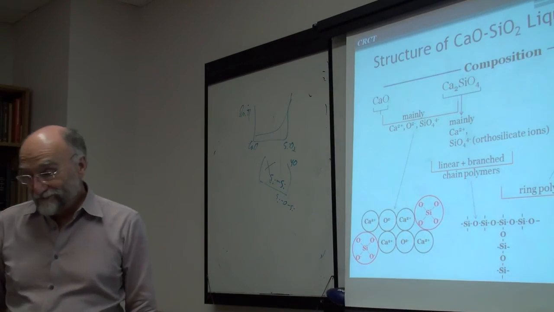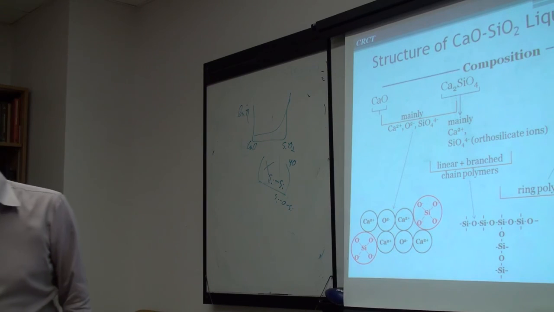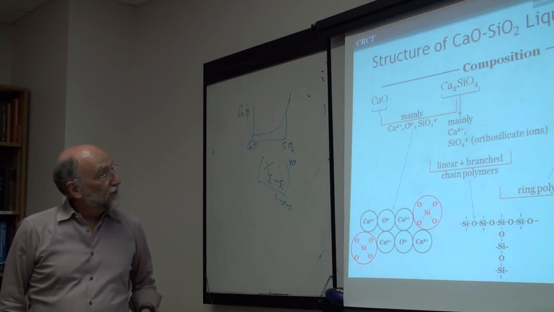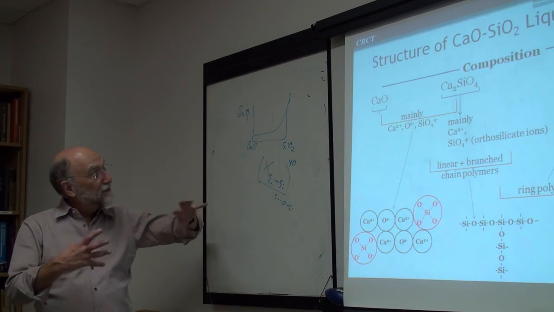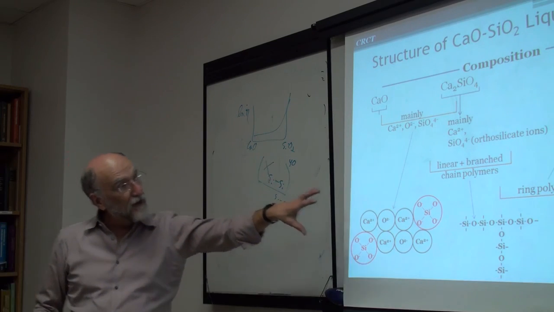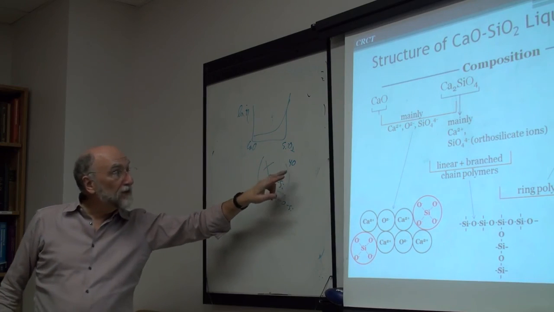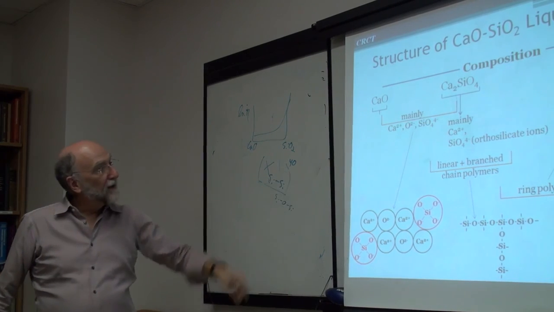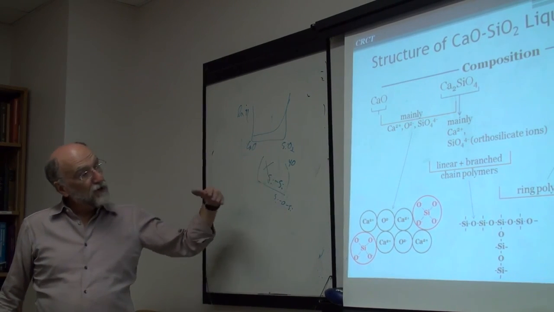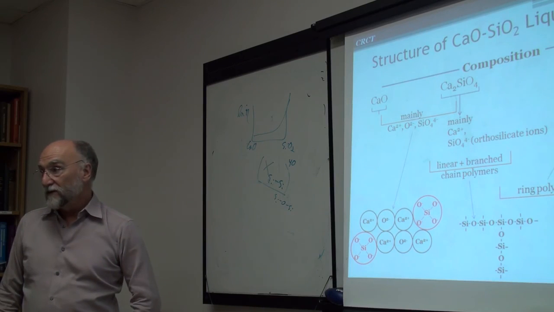It's a simplified way of modeling the whole thing: when the interconnectivity of the silicon network becomes great enough, the viscosity will rise. It rises more or less with 40, 30, something like that. We use those as the structural units when modeling the viscosity.